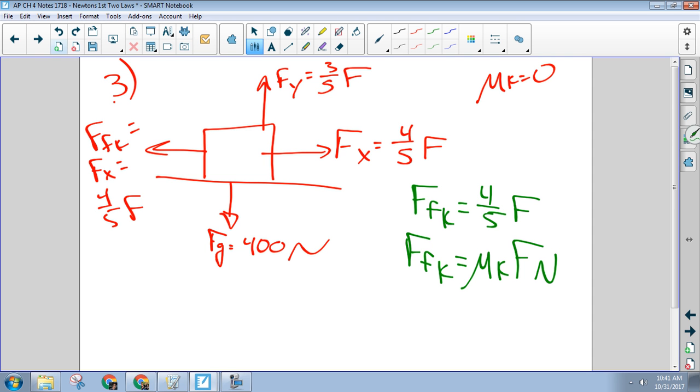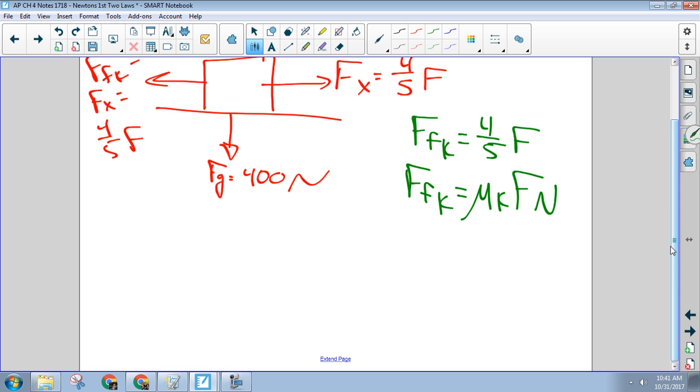All right, let's finish it since we've come this far. These two things are equal, right? So I get 4/5 F equals the coefficient of friction, 0.4, times our normal force, 3/5 F. Wait a minute, what did I do?